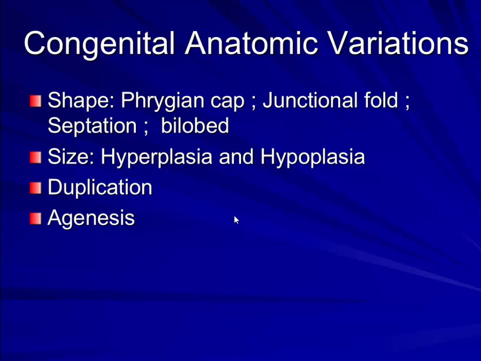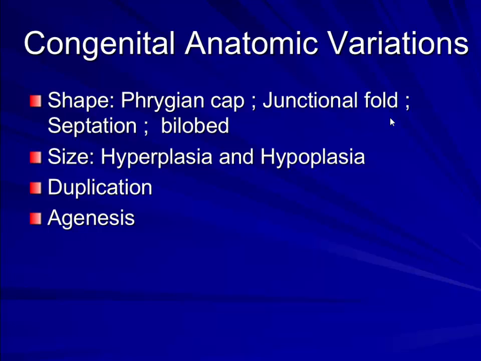You may also find congenital anatomy variations in the appearance of the gallbladder of some individuals. The Phrygian cup and the junctional fold are the two most common anatomy variations you may find. The Phrygian cup is a fold close to the fundus of the gallbladder, and the junctional fold is also another fold you may find closer to the neck of the gallbladder.